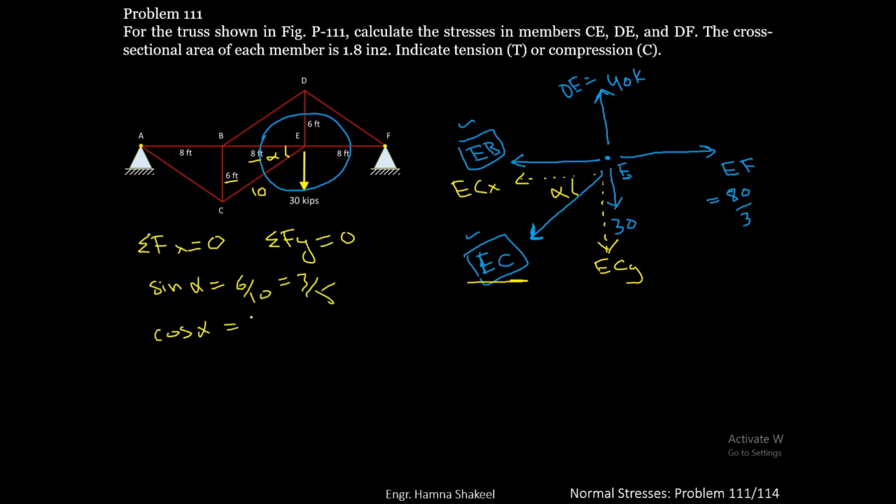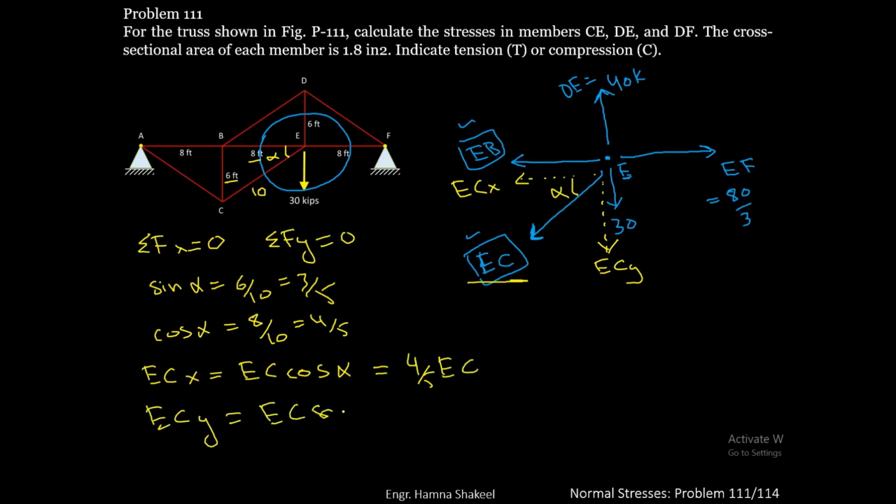Cos of alpha is equal to 8 by 10, which is equal to 4 by 5. So ECX will become EC cos of alpha, which is equal to 4 by 5 EC, and ECY will become EC sine of alpha, which is equal to 3 by 5 of EC.